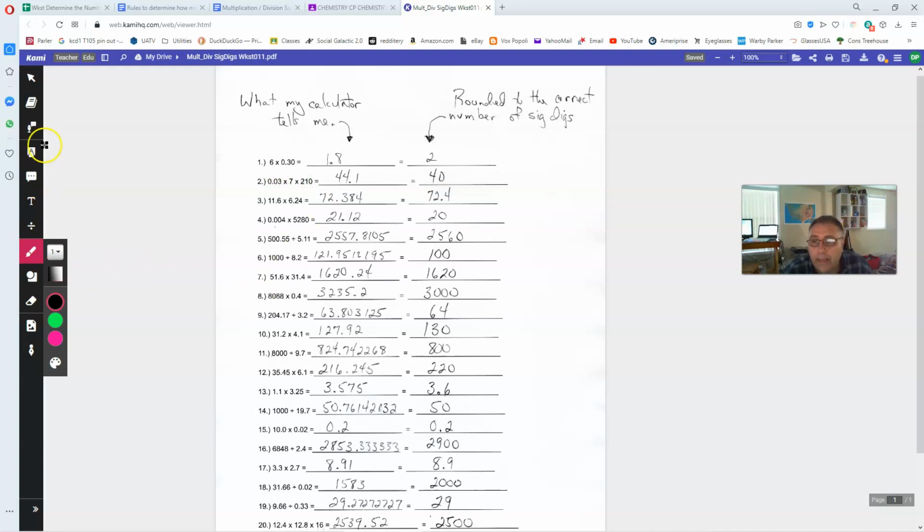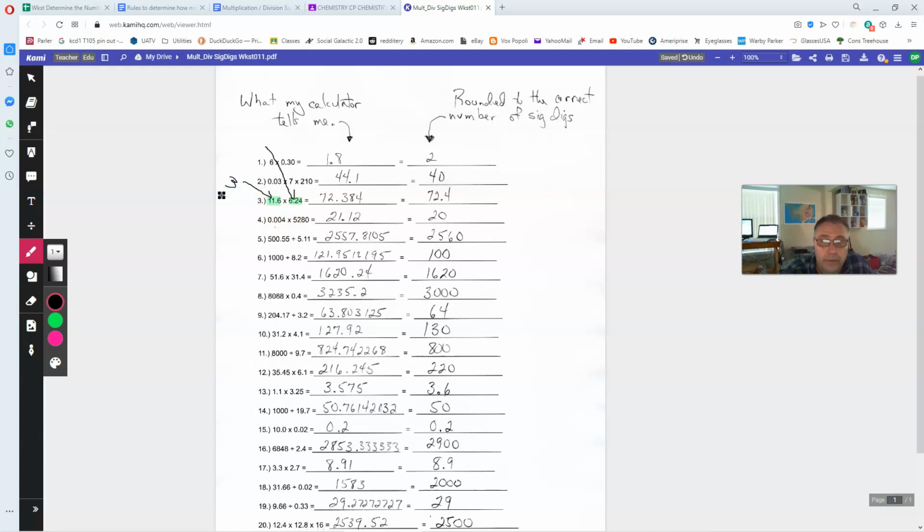Let's take a look at problem number 3. 11.6 times 6.24. Put it into your calculator. 72.384 is your answer. Right. Our answer, though, could only have as many sig digs as the number over here that had the fewest. How many sig digs? 11.6. Well, they're all non-zeros, so they're all significant.